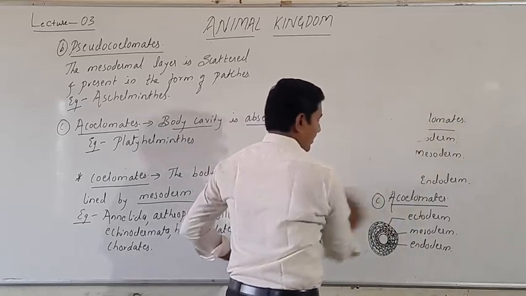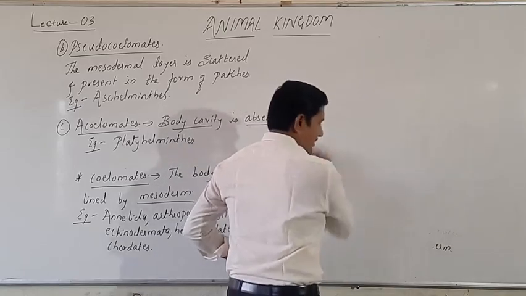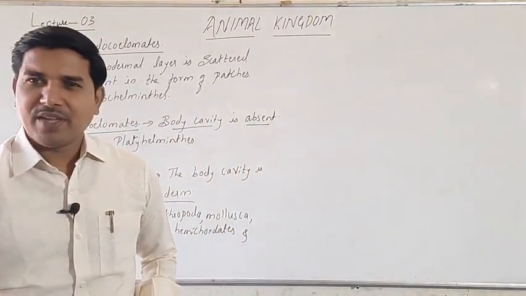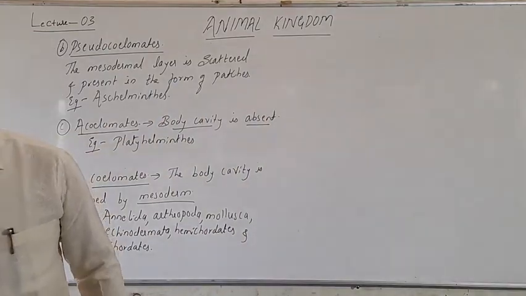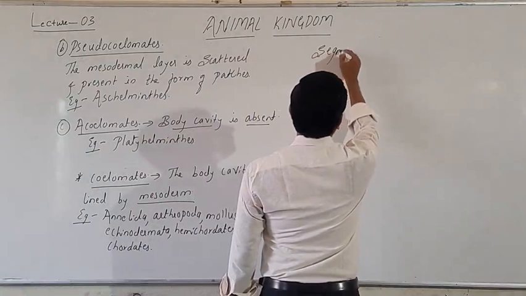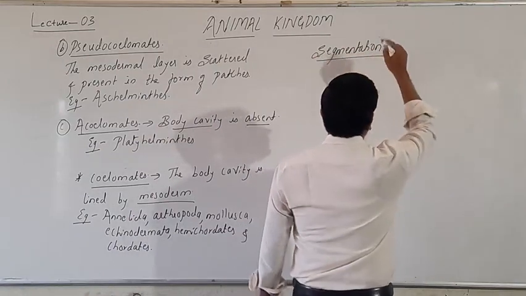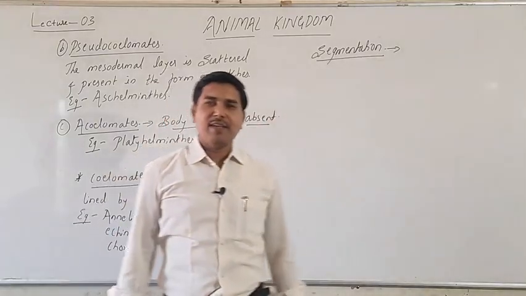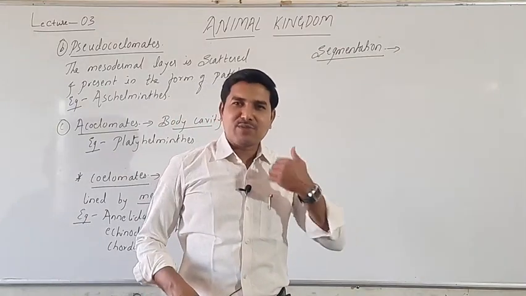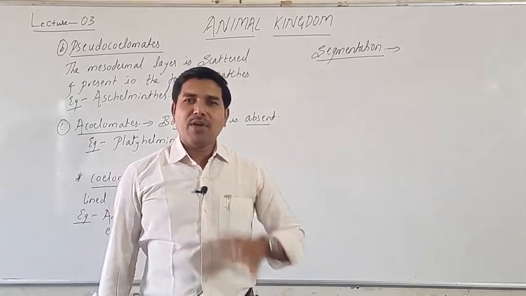So with these we have two more basics to discuss, and later on we have the detailed account of the animal kingdom. The next basic term that we are going to discuss is segmentation. Segmentation is nothing but the presence of external as well as internal segments on the body of organisms.